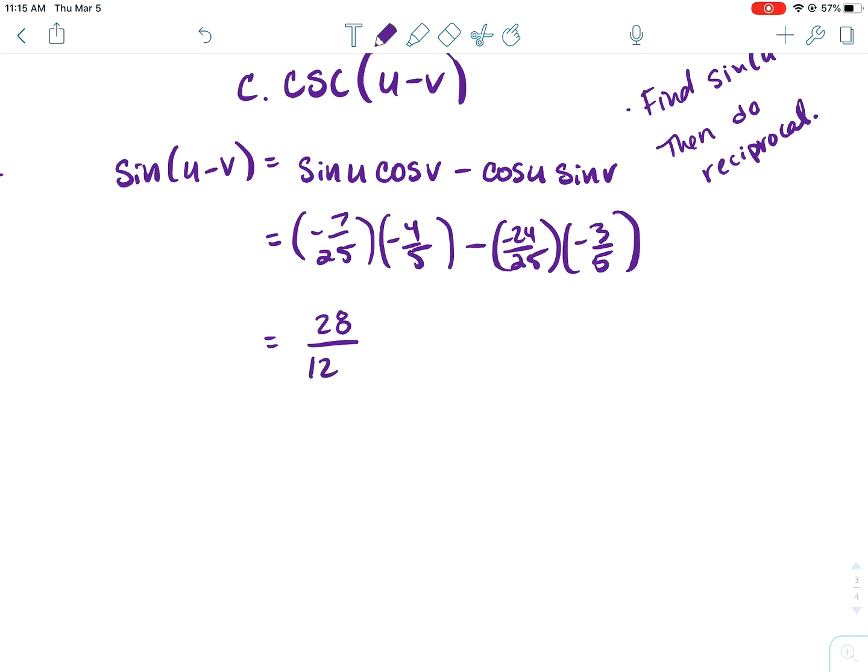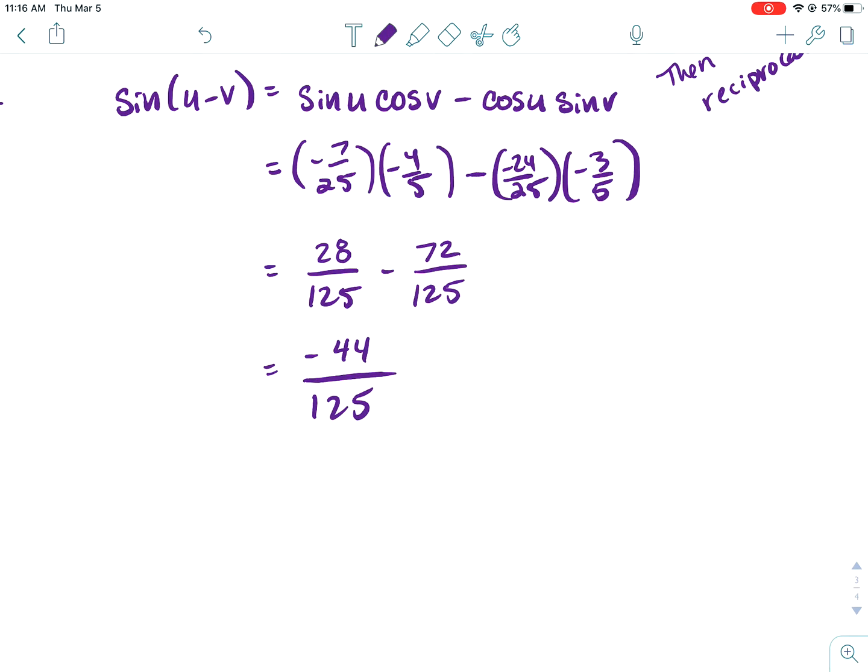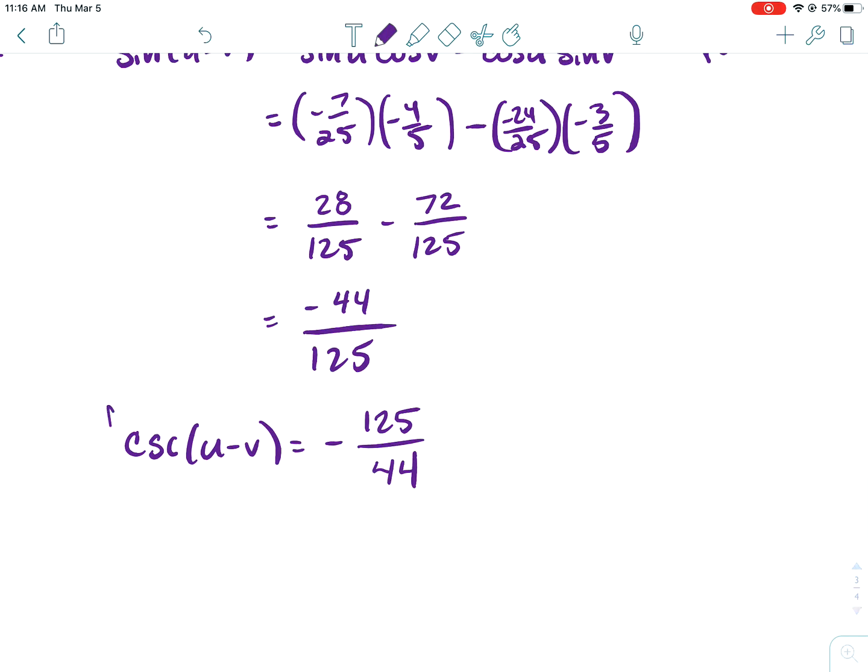Okay, and then just multiply our fractions together. And it's nice because we do have a common denominator. These work out that way, that you will have a common denominator. All right, so that's what the sine of u minus v is. So then I automatically know that the cosecant of u minus v is the reciprocal of that. So that's your answer.